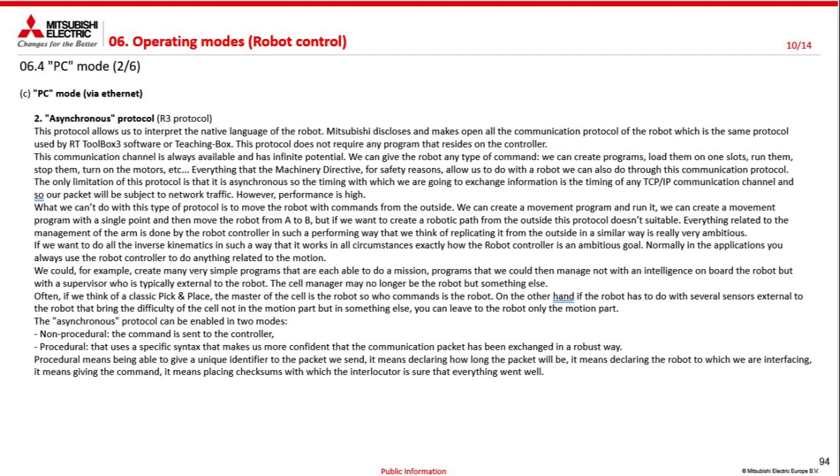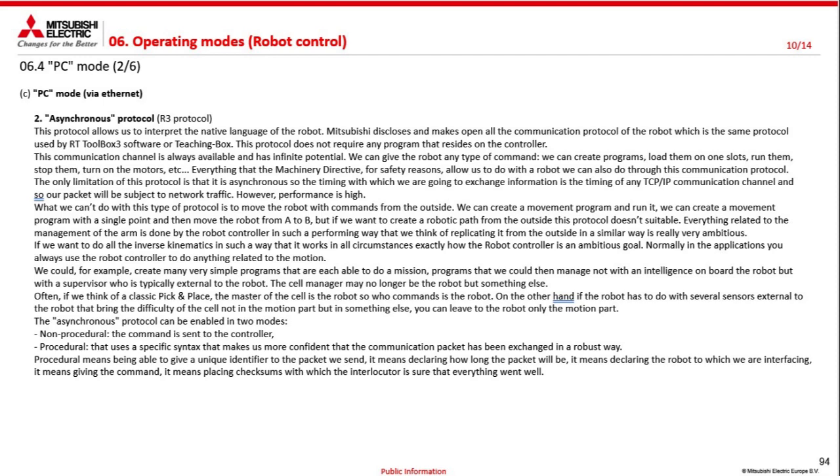The synchronous protocol can be enabled in two modes: non-procedural, where the raw command is sent to the controller, or procedural, which uses a specific syntax that makes us more confident that the communication packets have been exchanged in a robust manner.